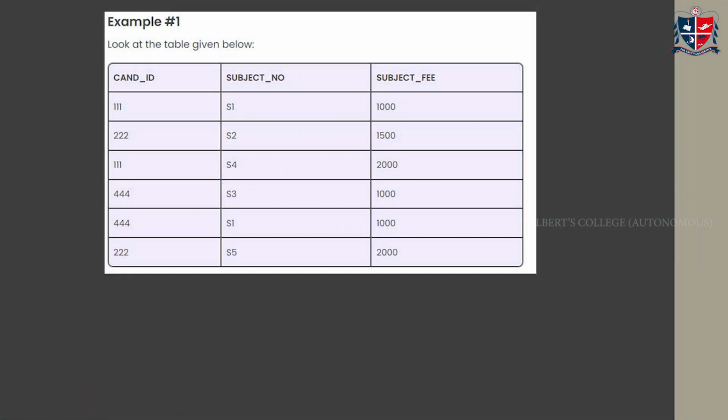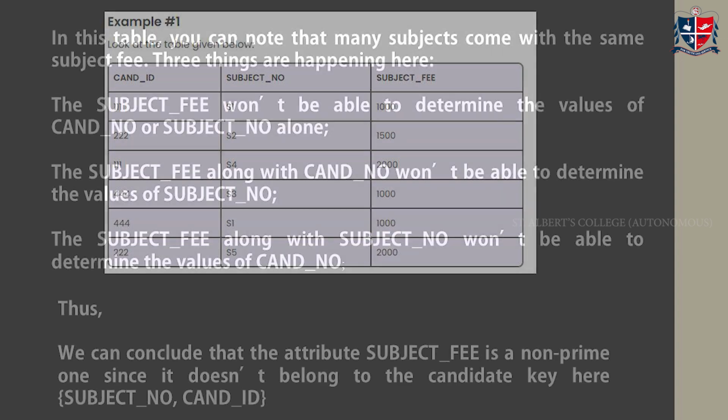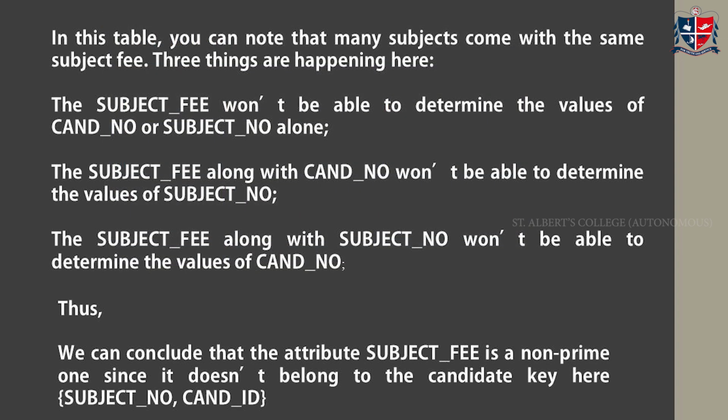So we will consider this example. In this table we have candidate ID, subject number, and subject fee. It is a table that gives information about the candidate, the subject, and the subject fee for each subject. You can note that many subjects come under the same subject fee.